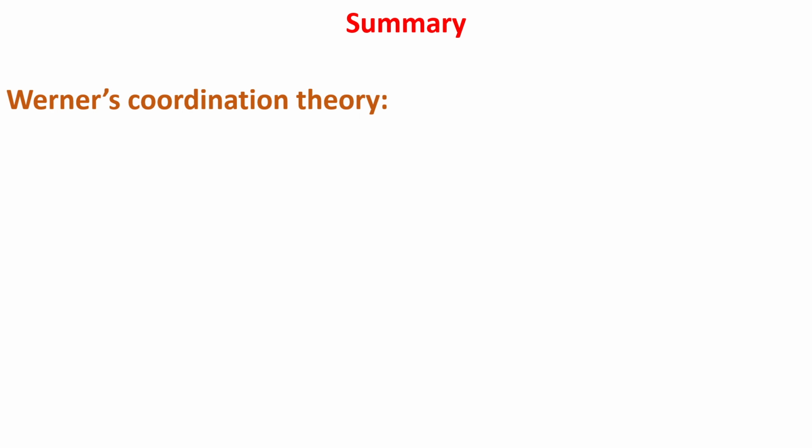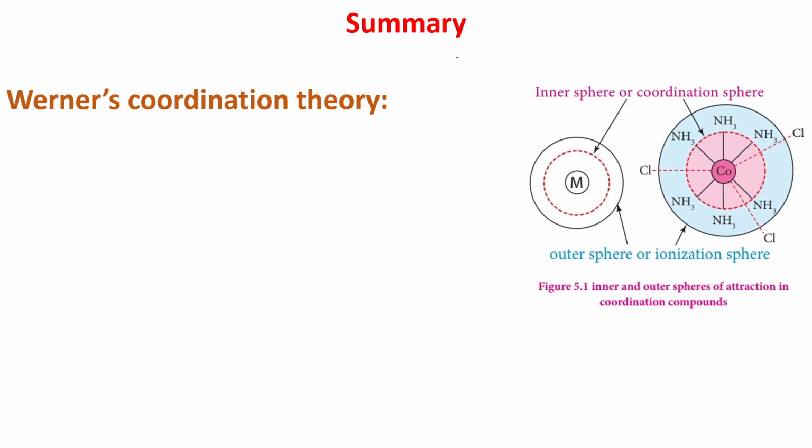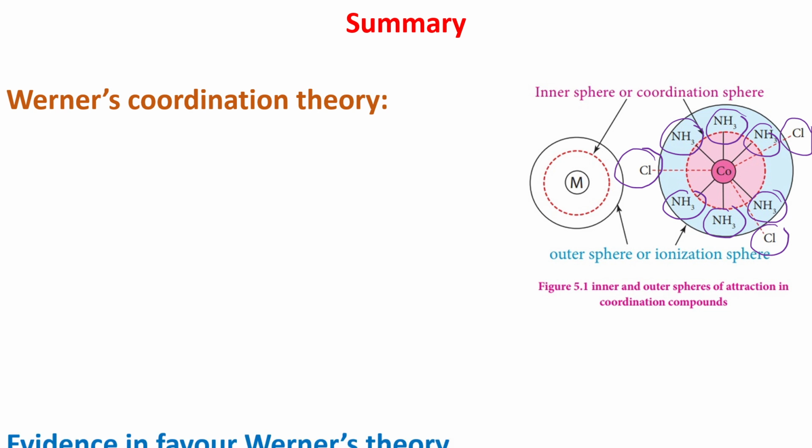He gave a theory that contains postulates like a metal complex contains primary valency and secondary valency. Primary valencies are the ones satisfied by the counter anions or the outer sphere ions, and the secondary valencies are the ones directly coordinated to the metal. That is, these ammonia molecules both can satisfy the positive charge on the central metal atom.